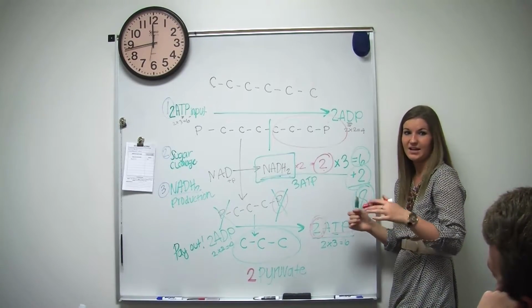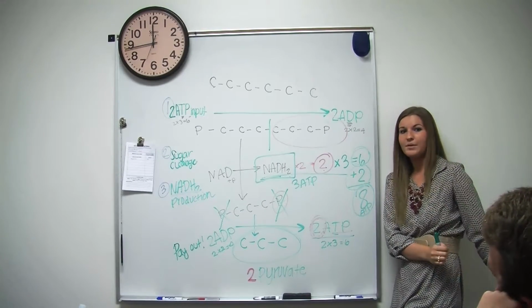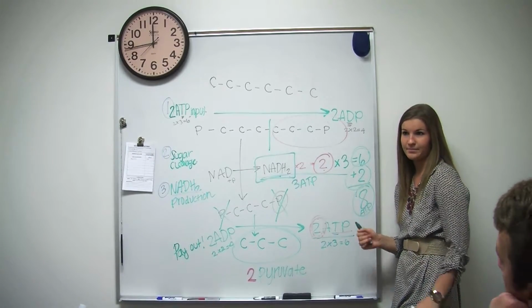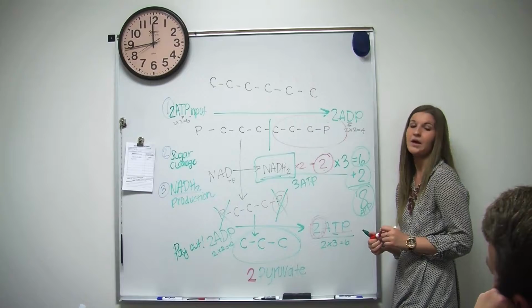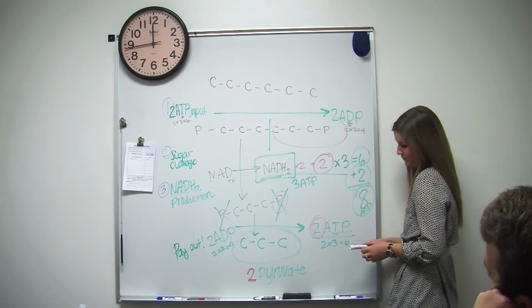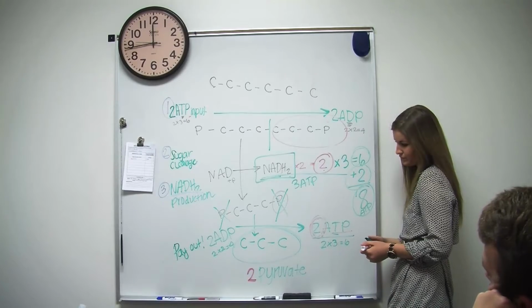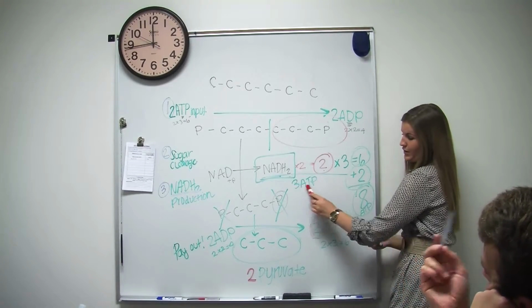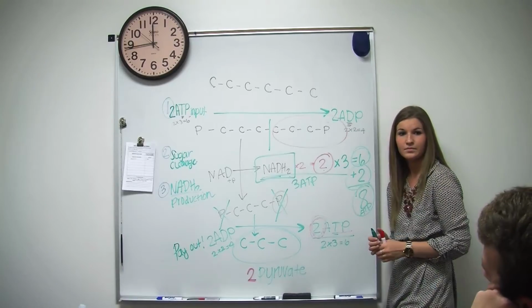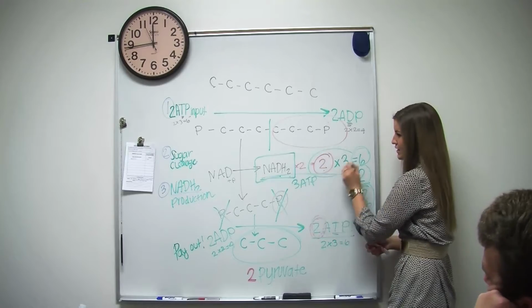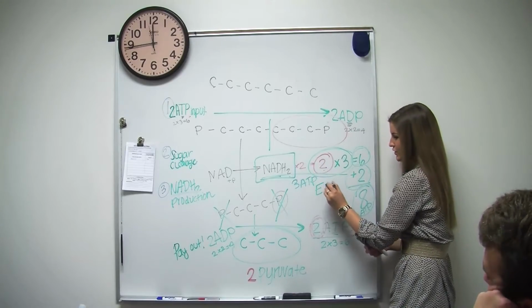If I was to ask you at the very end, how many ATP do I get because of glycolysis? Your answer would be 8. So the net is just what's left over, right? Just like at the end, you have a net of 2 ATP. And then from the NADH, because each NADH has 3 ATP potential, you get this during the electron transport chain.